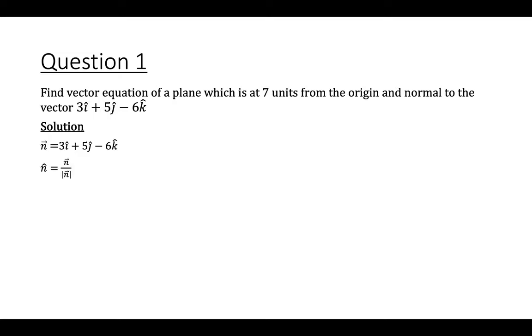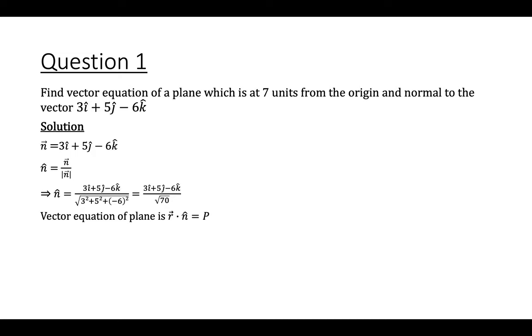I hope you know vector n is the normal vector, and the unit vector is n upon magnitude of n, and the distance p equals 7. Now we can find the unit vector n, that is (3i plus 5j minus 6k) divided by the magnitude, which is the square root of 3 squared plus 5 squared plus (minus 6) squared, that is (3i plus 5j minus 6k) upon root 70.